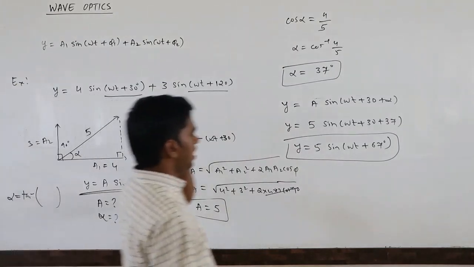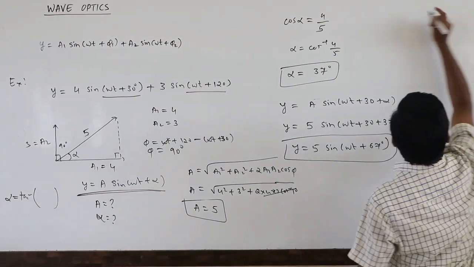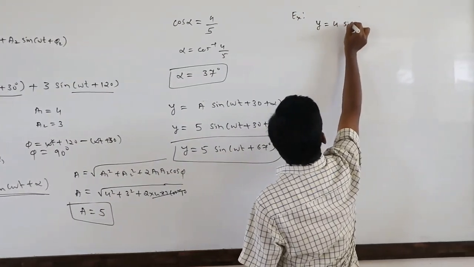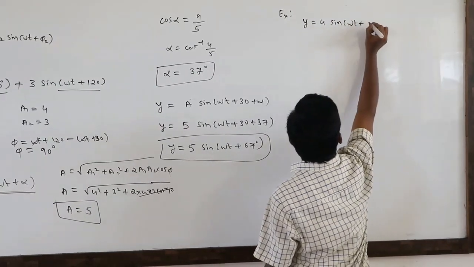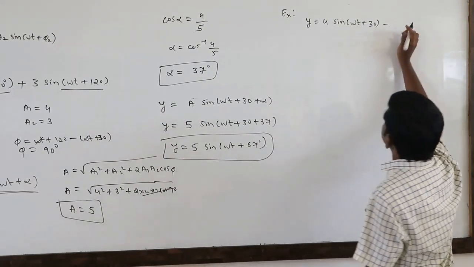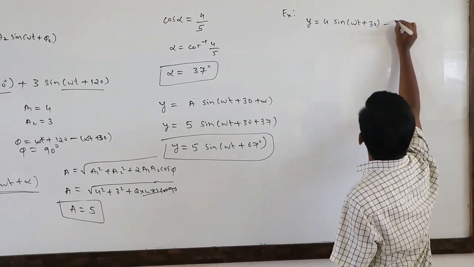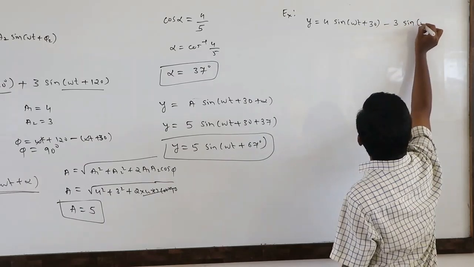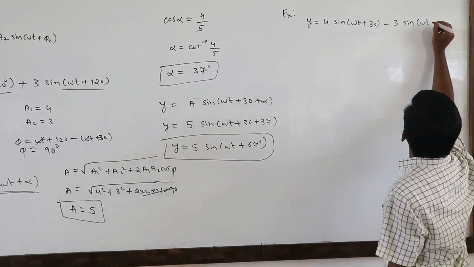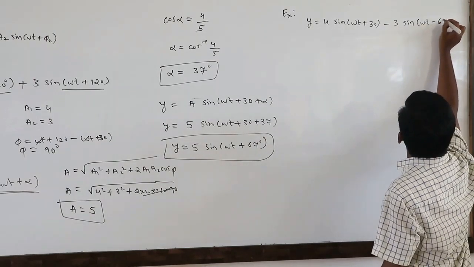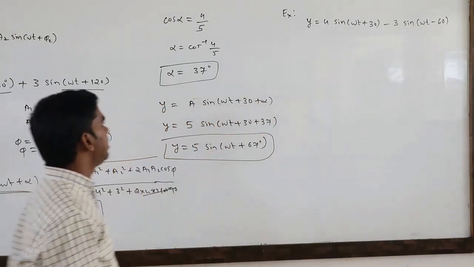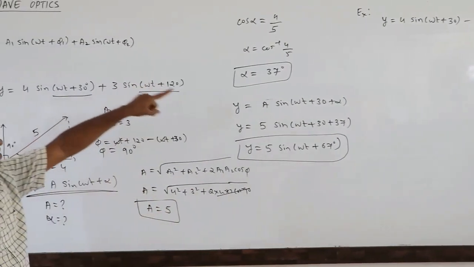Now suppose I take another example of a similar kind. y equals 4 sin(omega t plus 30), and here I will take minus 3 sin(omega t minus 60). Now the situation is different: here a positive sign is there, there a negative sign.